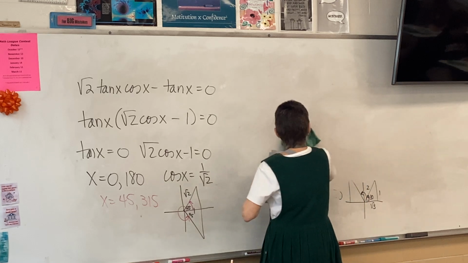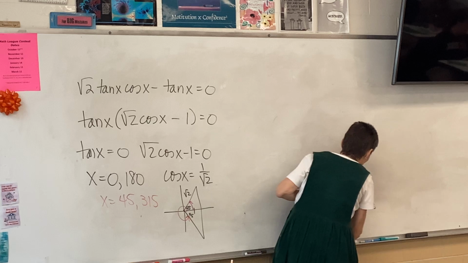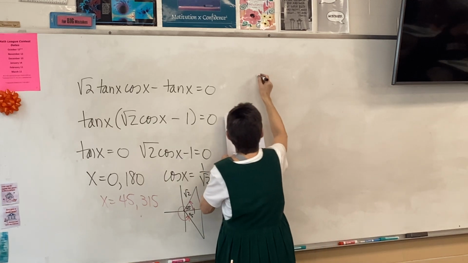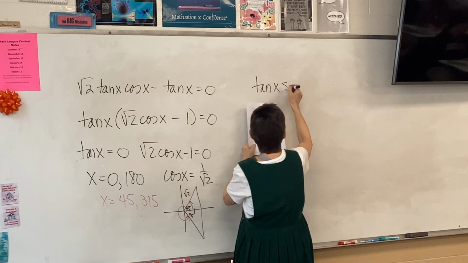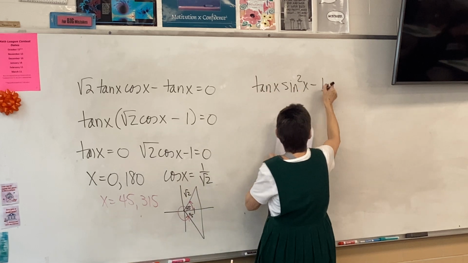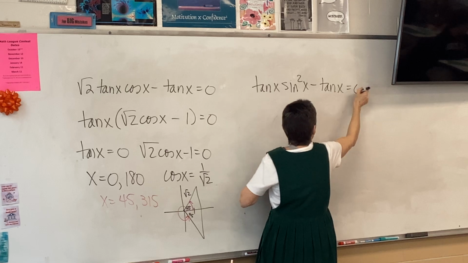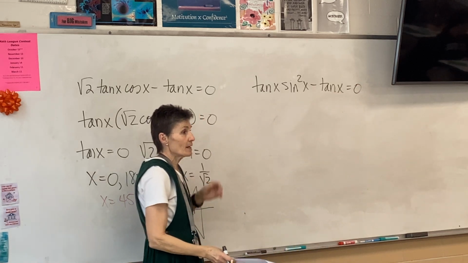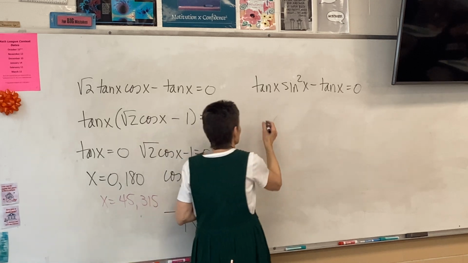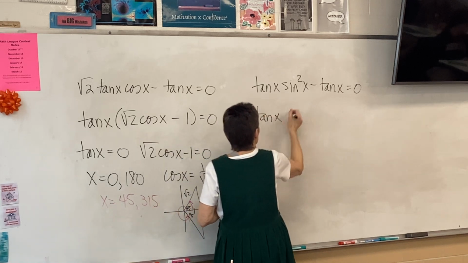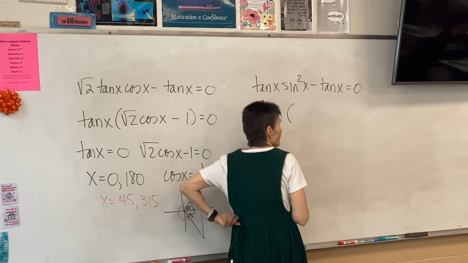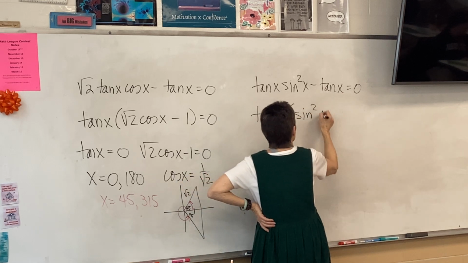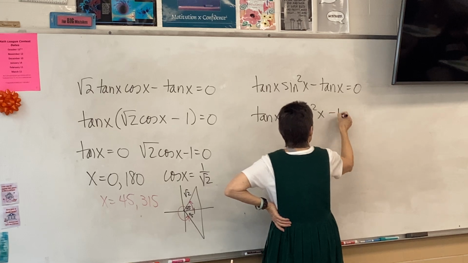So we will set it equal to 0. Is that all right with everybody? And then we'll pull out a tangent. And what will I have left? You have sine squared minus 1.